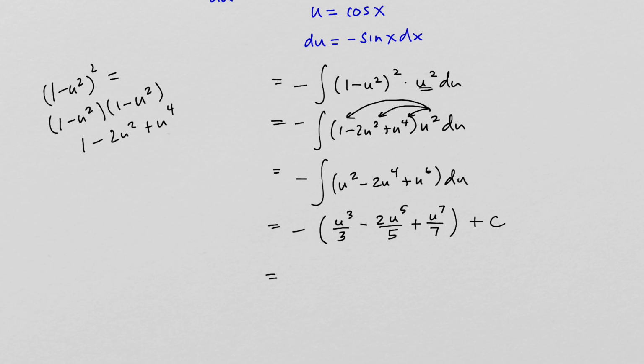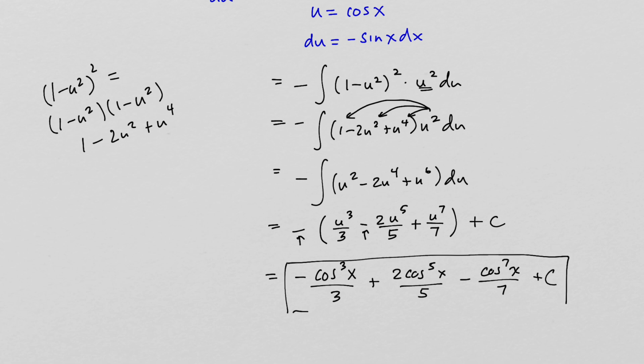So that first term is going to be negative cosine cubed of x over 3. And then the minus makes a plus 2 cosine to the fifth power of x divided by 5. And then minus cosine to the seventh power of x divided by 7 plus c.